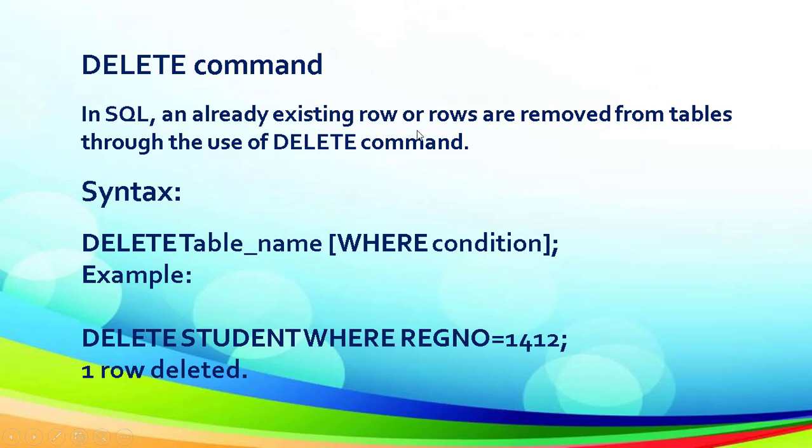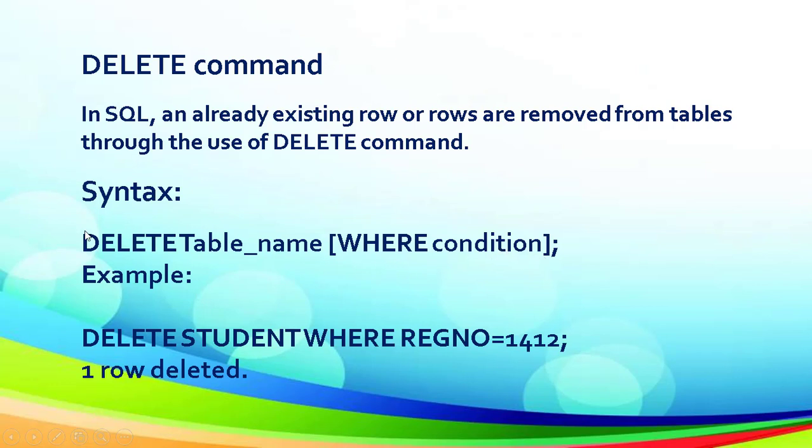The delete command is used so that already existing row or rows in a table will be removed. In a database there is a table, and when you want to remove a row or many rows based on some condition, you can remove them using a delete command. This is possible using the syntax delete, table name, where condition.